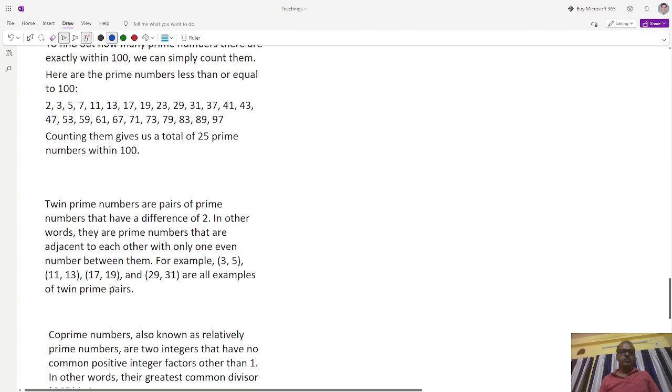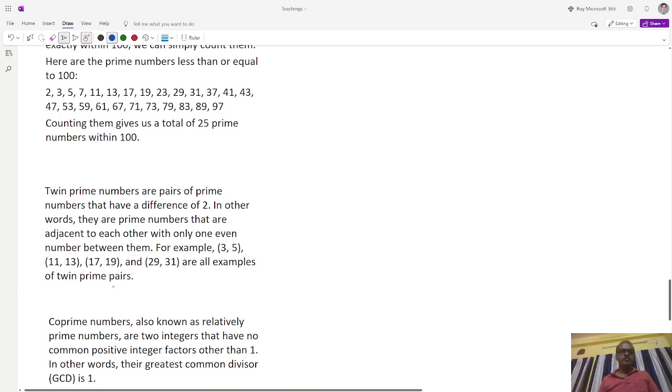Now, what are twin prime numbers? The term twin prime numbers refers to pairs of prime numbers that have a difference of 2. In other words, they are prime numbers that are adjacent to each other with only one even number between them. For example, 3, 5 are twin primes.